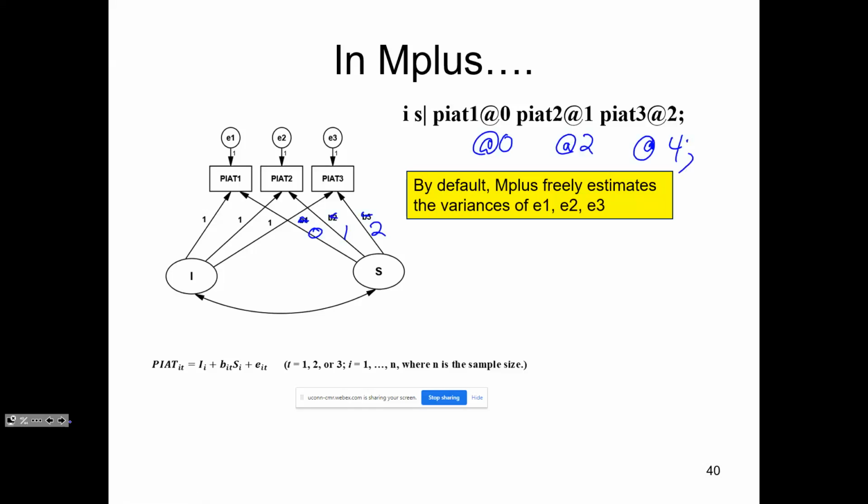By default, Mplus is going to freely estimate these variances. So that's it. You don't have to say the intercept is at 1 across all the time. It knows to constrain all the factor loadings for the intercept to be 1 across time, so you don't need to say any of that.